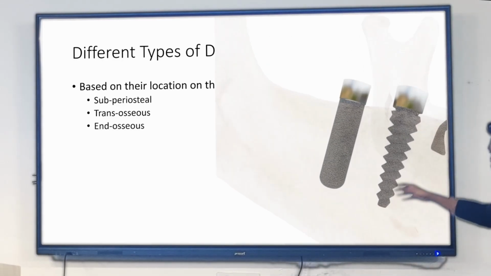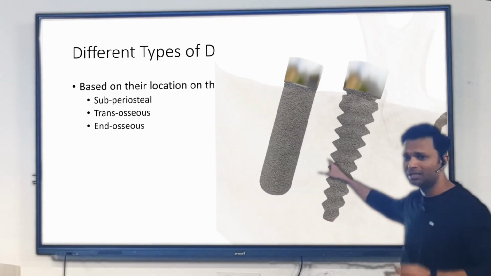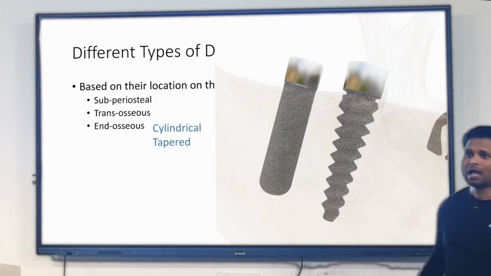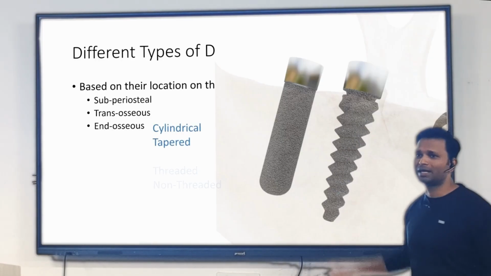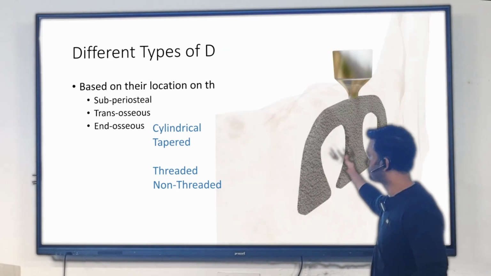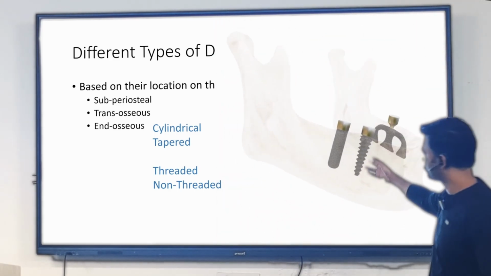These are endosseous implants that are placed inside the bone. In endosseous, we have cylinder form and tapered, and threaded and non-threaded. Then we have blade form and root form. This is a blade form implant, and this is a root form implant.